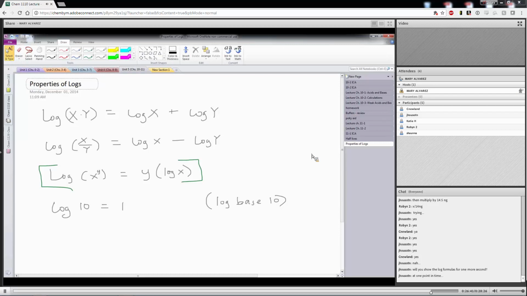Again, anytime you use a log is by definition what we call base 10. So the log of 10 is 1, because this is 10 to the 1, essentially, when I say log of 10.